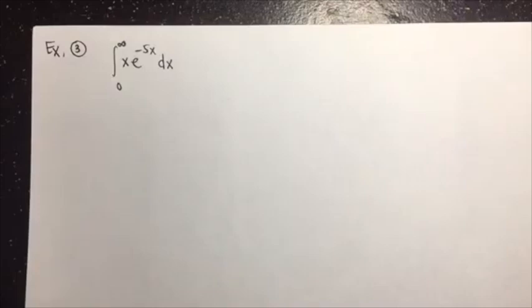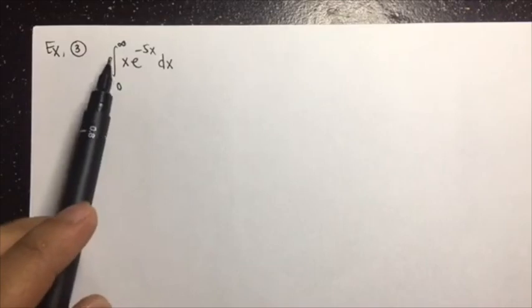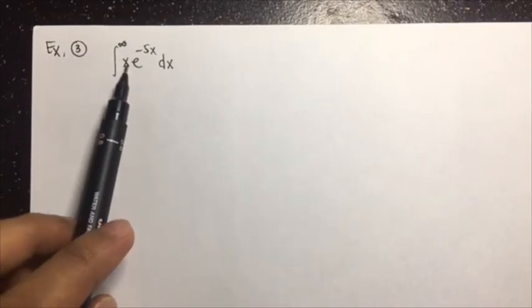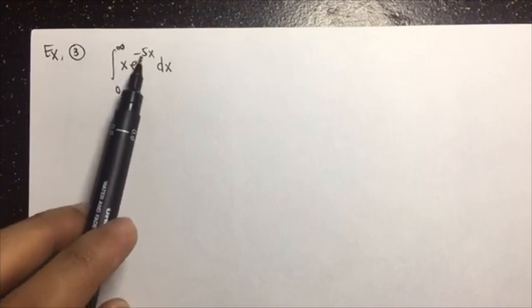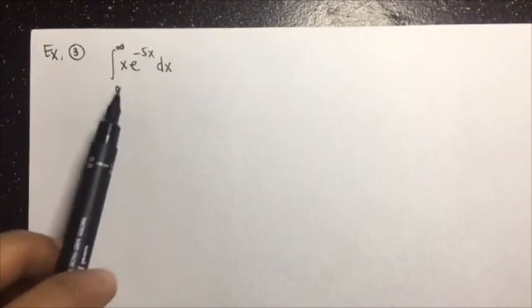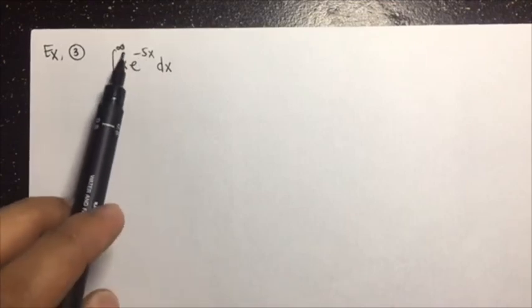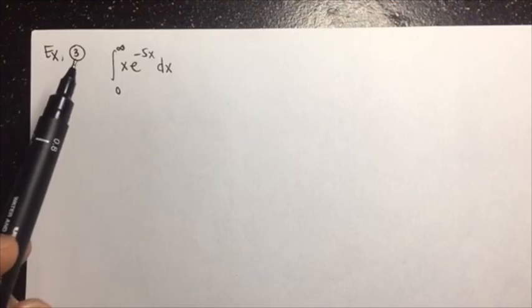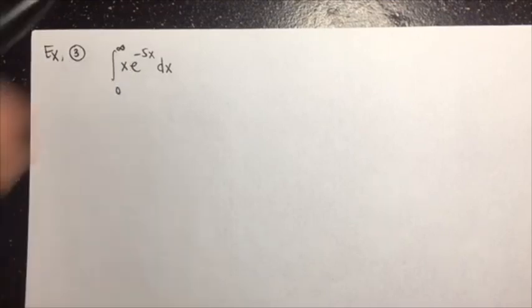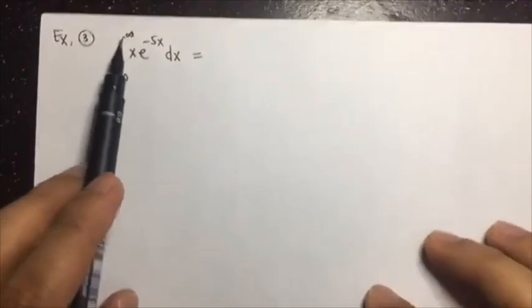Okay, so for our third example, we have this one. Evaluate the integral of x e raised to the negative 5x dx from 0 to infinity. Again, first step, before integrating, replace the infinity with another variable.